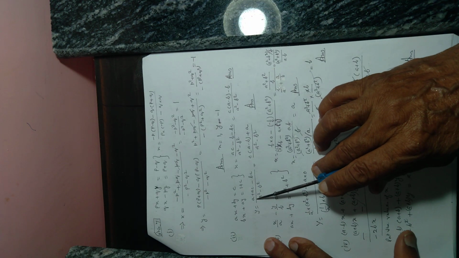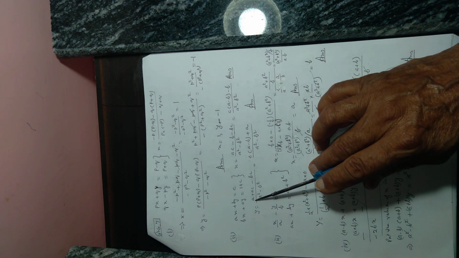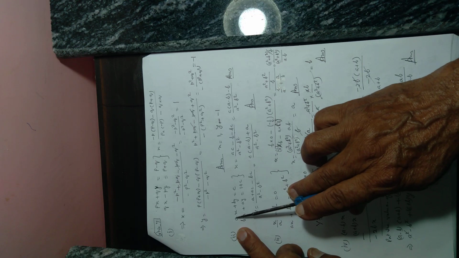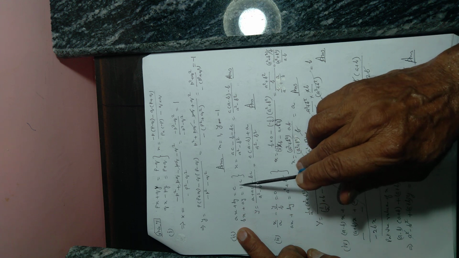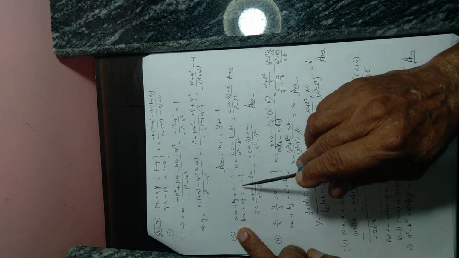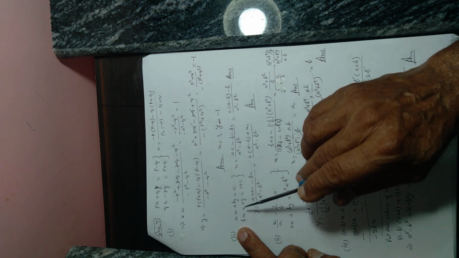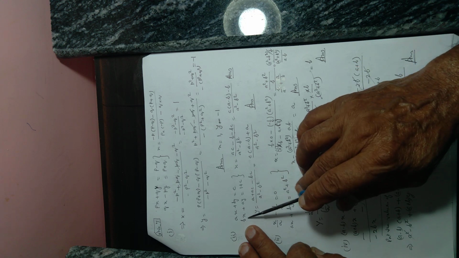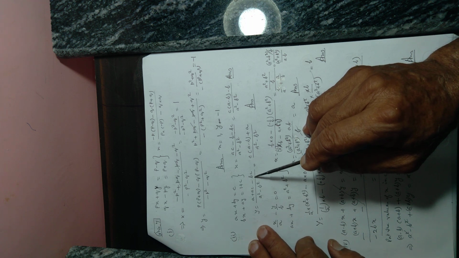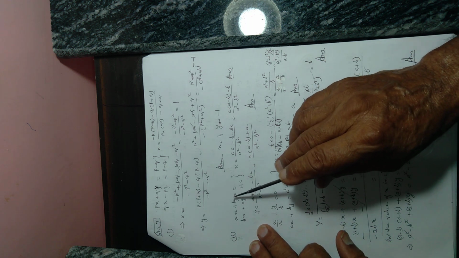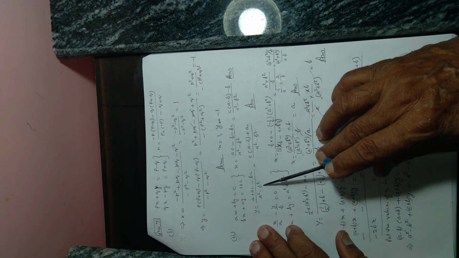For y, just multiply left to down. y is equal to LD minus LU. So left to down first, a into (1 + c), that is a + ac, minus LU, means left to up, b into c, that is minus bc, whole divided by a into a minus b into b, that is a² - b².